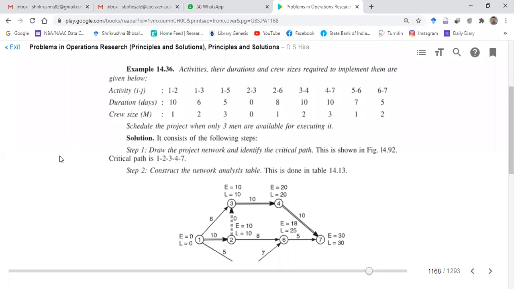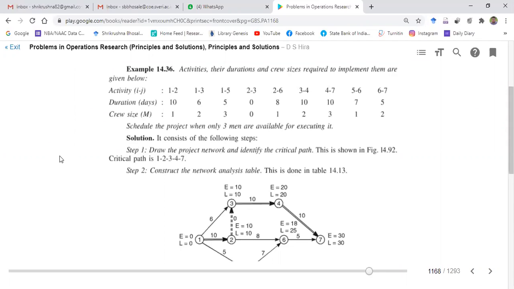That zero worker is only for dummy activity, obviously. Some activities require only one crew size. Two crew size is required for some of the activities, and all three workers are required for some of the activities. In such a case, how to allocate the workers, or how to allocate the crew size.